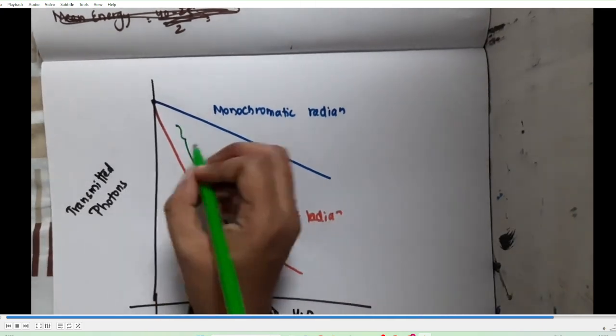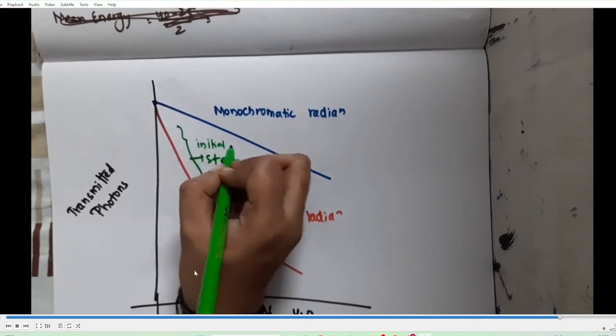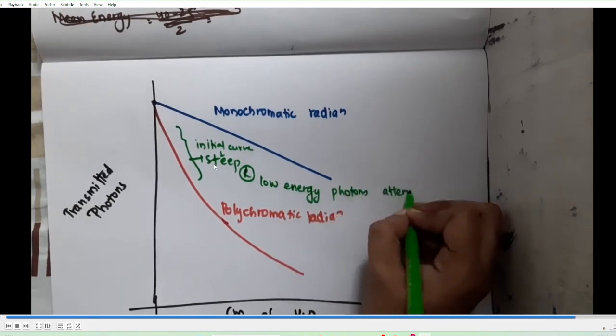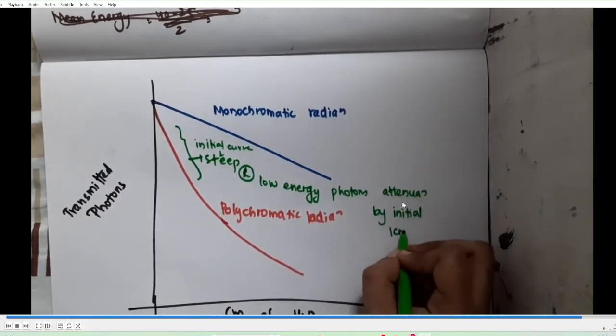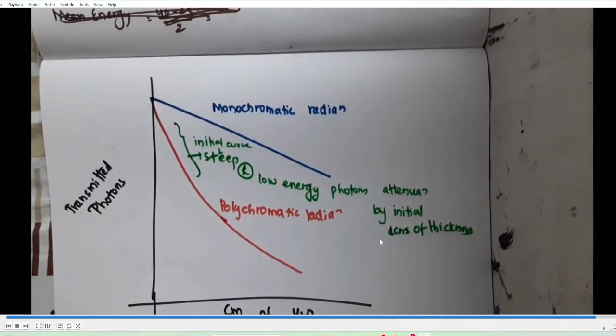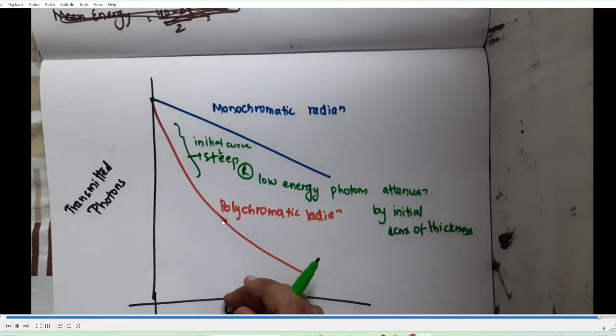Eventually the slope of the curve becomes similar to the slope of the monochromatic beam as the mean energy of polychromatic radiation approaches its peak energy.